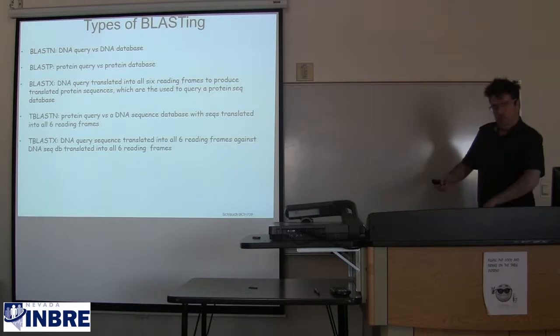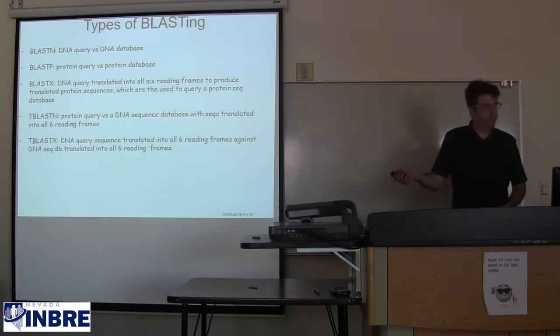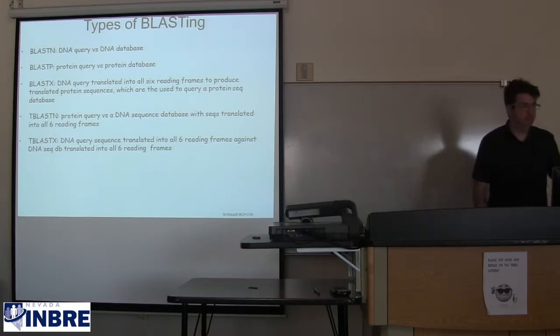Then there's TBLASTX, which puts all of these possible translations together, where you have nucleotide in your query sequence, nucleotide in your database, and you want to translate both of them. So that's 6 times 6, that's 36 possible comparisons to be done, and it's generally 36 times more computational oomph needed. We'll probably be avoiding doing TBLASTX today because we will be doing these live on the web, and it takes 36 times longer.